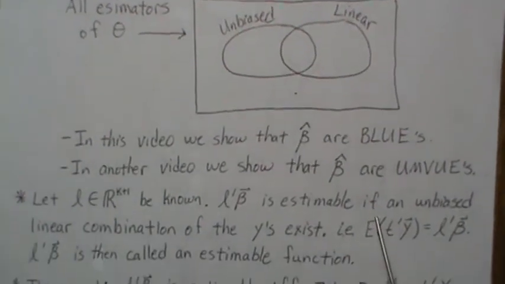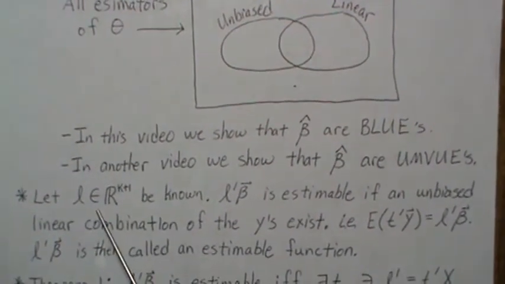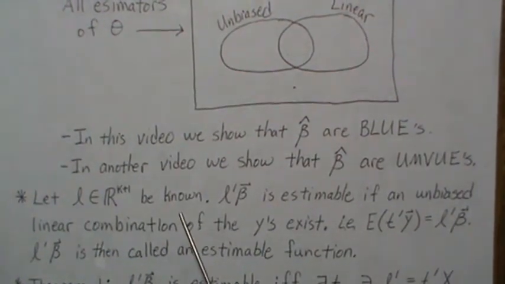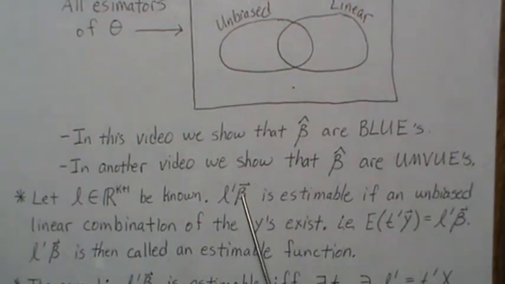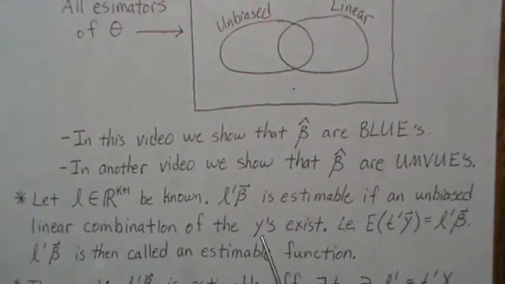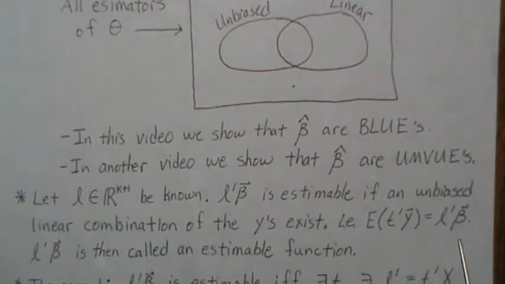Before we start, I want to introduce a definition. Let L be a known k plus 1 vector. We want this function, L prime beta, to be estimable if an unbiased linear combination of the y's exists. That means the expected value of t prime y is equal to L prime beta.